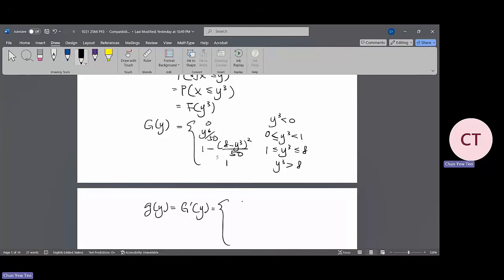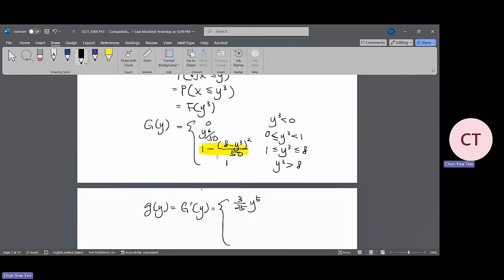You will get the 3 over 25 y. Then differentiate this, you will get this. Okay, then differentiate the second terms. Differentiate these expressions.